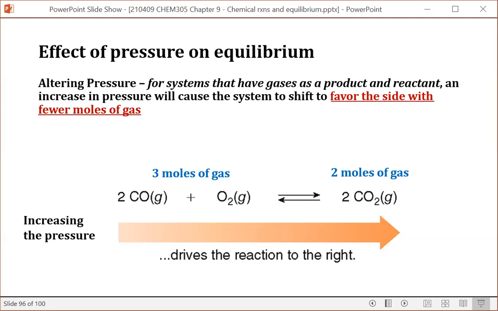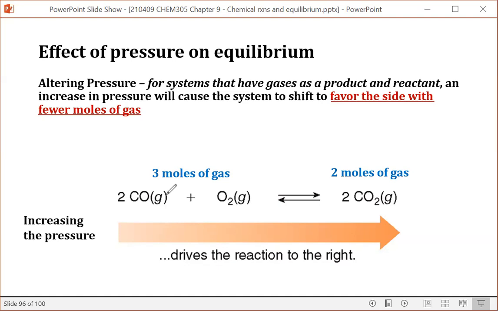And so something to check for if you get a quiz or an exam question or a homework question involving gases in Le Chatelier's principle, or pressure in Le Chatelier's principle, is to check that your system has gases in it. And so if you increase the pressure in a system that has gases, it's going to cause the system to shift to favor the side with the fewest moles of gas.